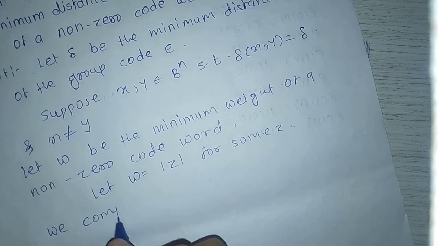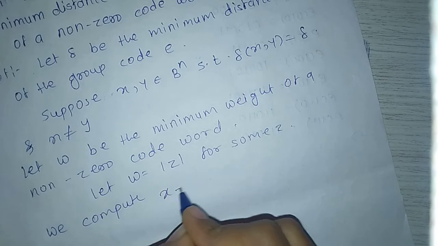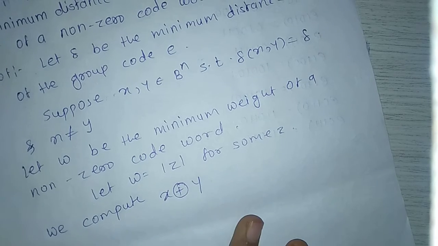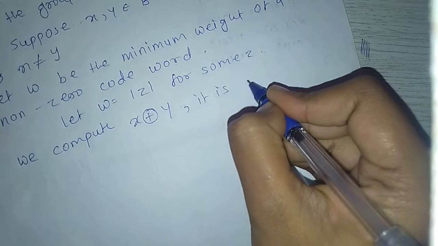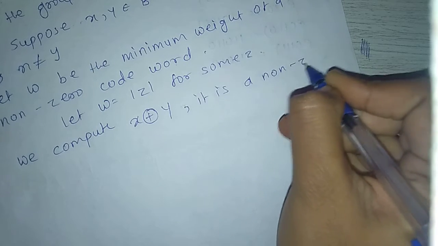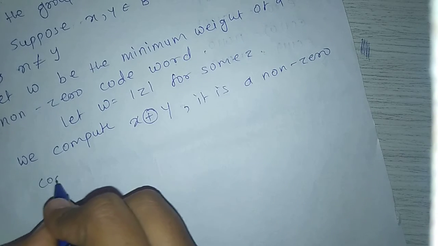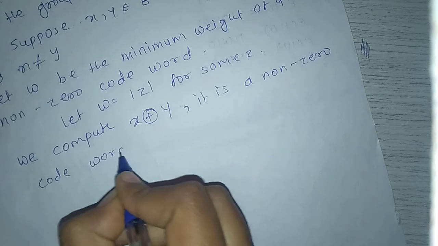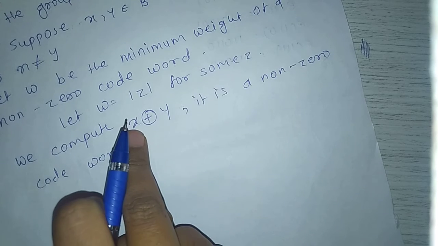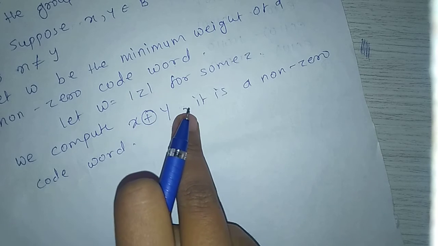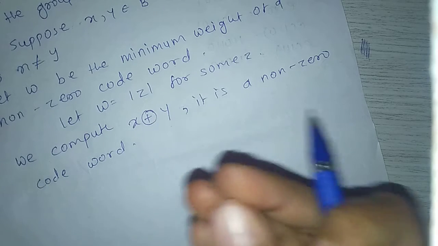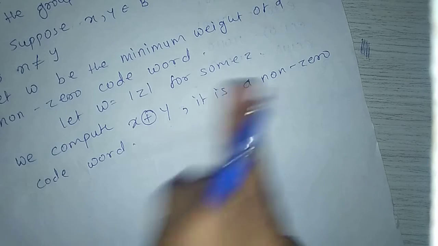First we compute x ring sum y. It is a non-zero code word. Because if x is identity and y is a non-zero code word, then x ring sum y, we get a non-zero code word. That's why it is a non-zero code word.